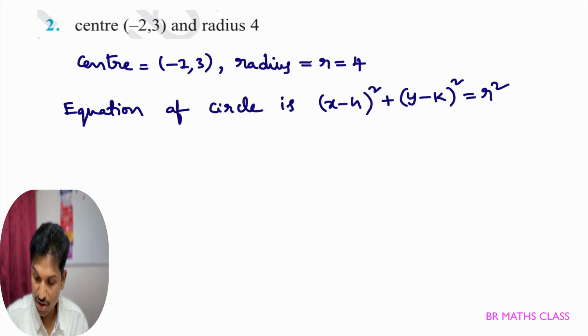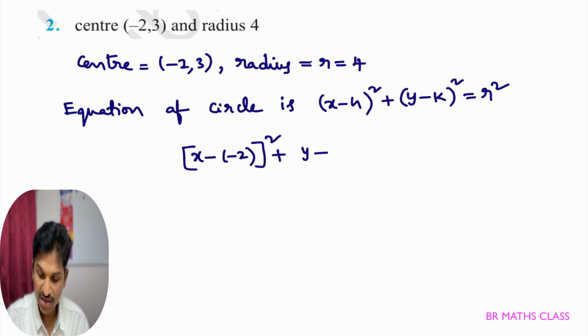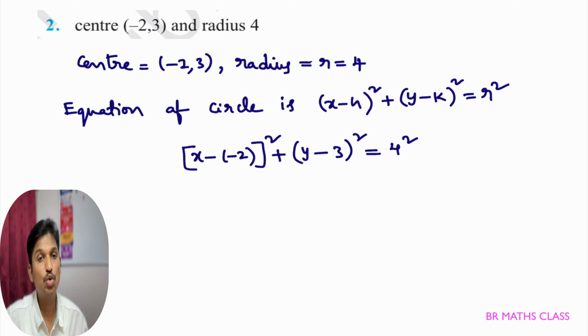So what you will get? x minus h is x minus of minus 2 whole square plus y minus 3 whole square equal to 4 square. Now you observe here, this minus of minus will become plus. This is x plus 2 whole square.